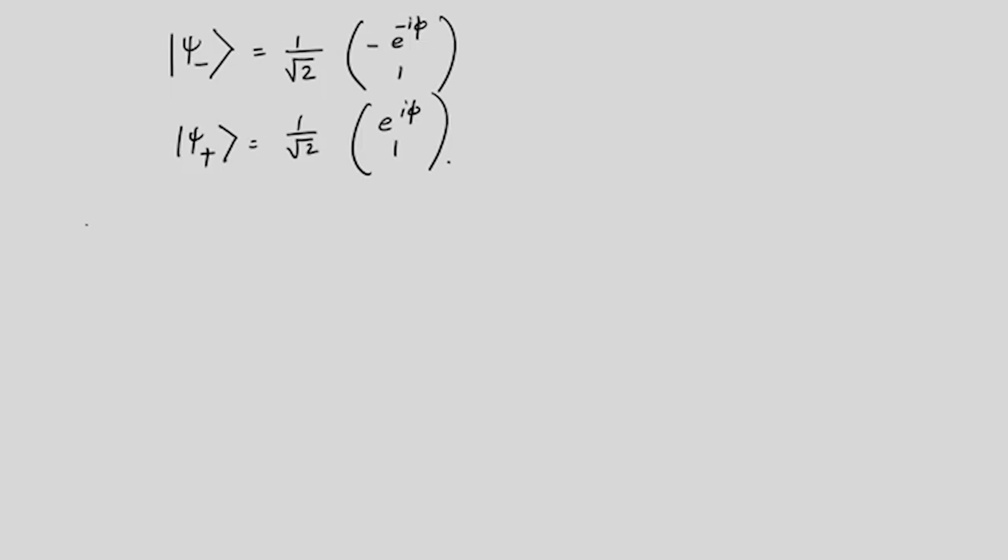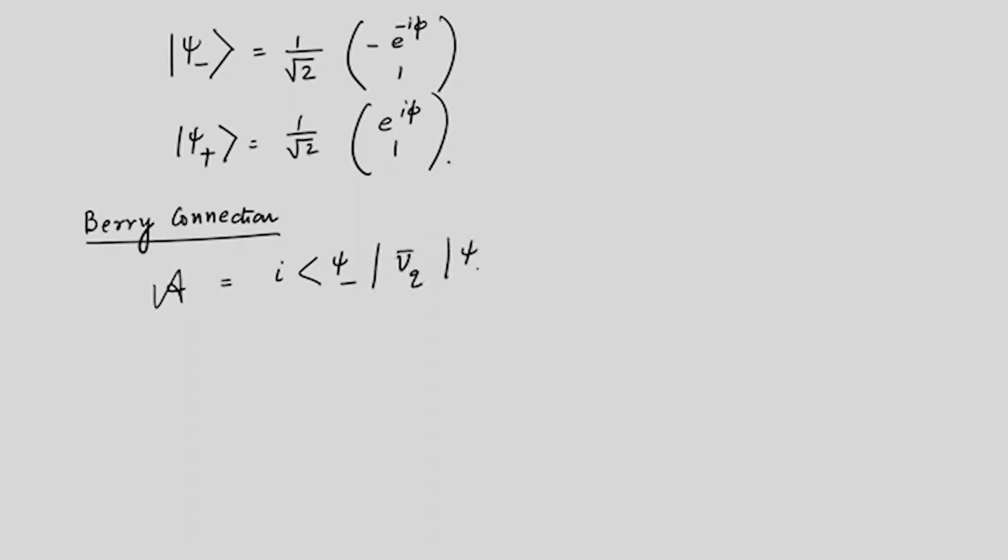Let us now calculate the Berry connection. And how is Berry connection defined? We have defined this. Let us write it like this: A is equal to i times psi minus, gradient with respect to q, psi minus. And why minus? Just to remind you that the Berry connection is calculated by taking the contribution only from the filled band.